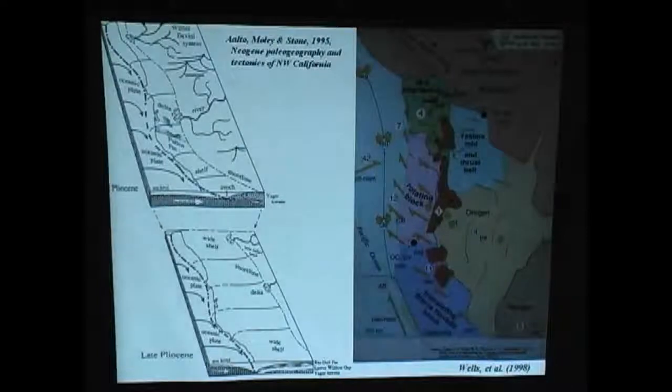And that fits the picture because the Klamaths were a lowland surface. So there were river systems that managed to transport sands from Idaho all the way to our neck of the woods.